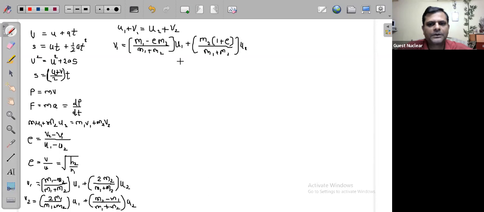into u2. And v2 can be written as simply equal to m1 into 1 plus e, divided by m1 plus m2, into u1, plus in the second bracket it will be m2 minus e times m1, upon m1 plus m2, that is multiplied by u2.